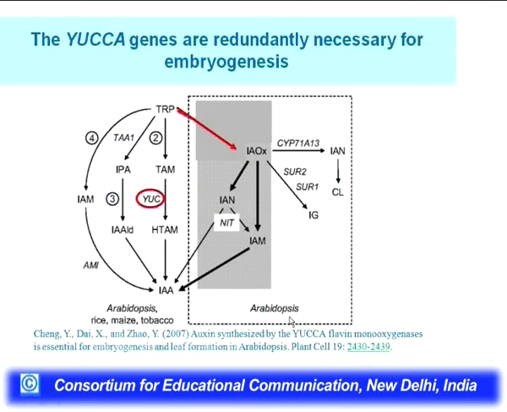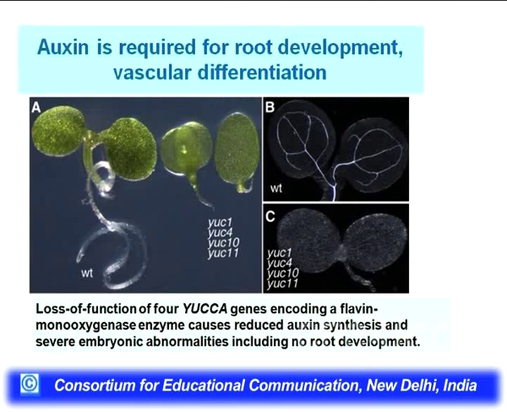As I was telling you, there are many genes identified, and here I am showing you from a paper the same pathway again, but I have highlighted one area which is written as YUC. This is a short form of a set of genes called YUCCA. Now I will show you this photograph.